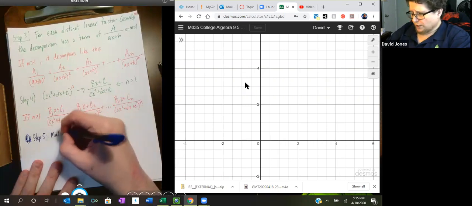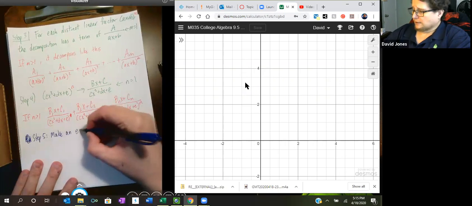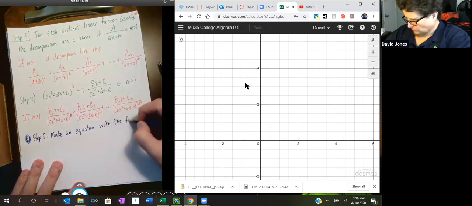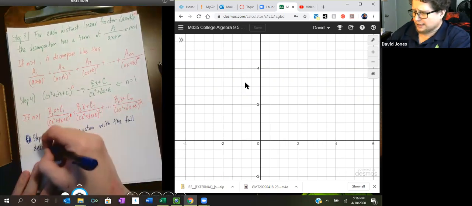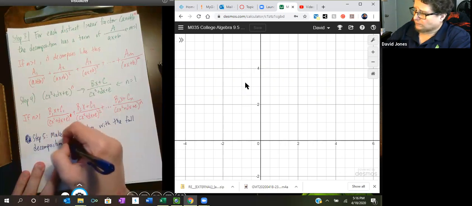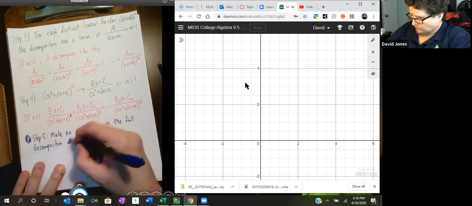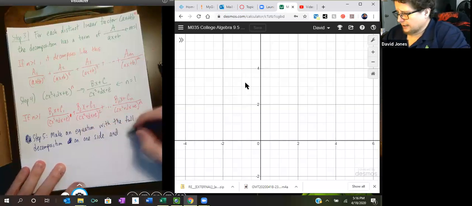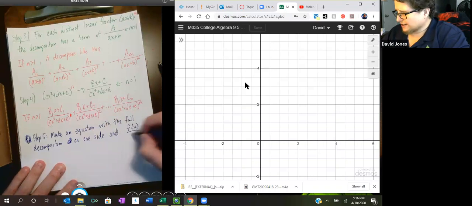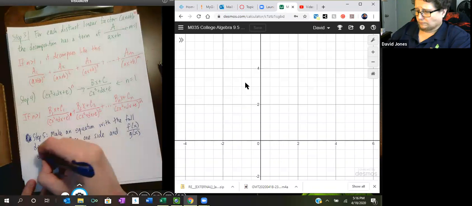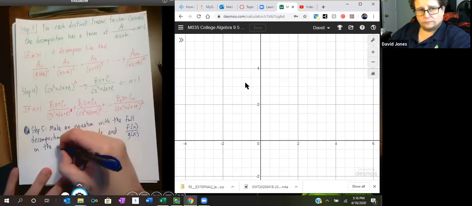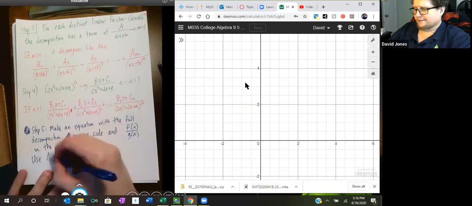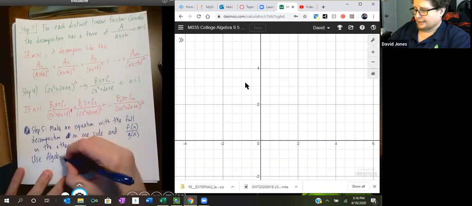Make an equation with the full decomposition on one side and f of x over g of x on the other side. And use algebraic techniques to figure out A, B, and C.